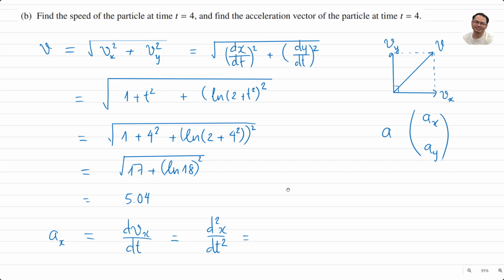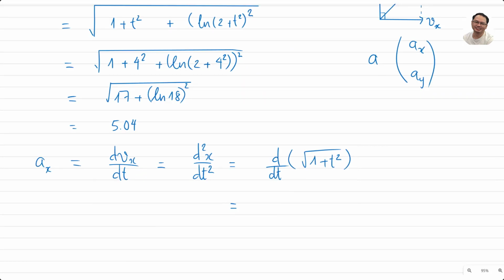And we already know that dx over dt is the square root of 1 plus t squared. So we need to take this differentiation another time with respect to time, using the chain rule again. Taking the differentiation of this thing, we take the 1/2 to the front, and then the function 1 plus t squared, the power will be 1/2 minus 1, which is minus 1/2.